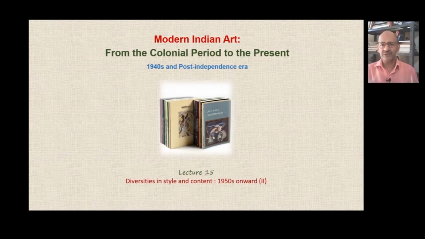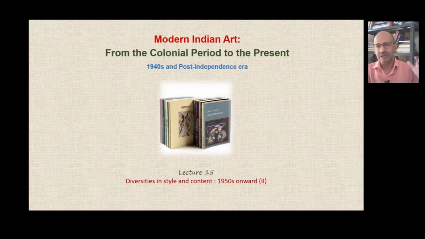So, we can look at various trends emerging as very important mileposts for this history, and not only that, we can also see how contemporary or modern Indian art from this period onwards is also getting accompanied by writings on art, publications on art, discussions, seminars on art.